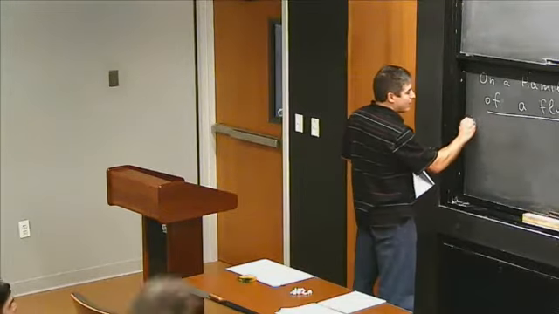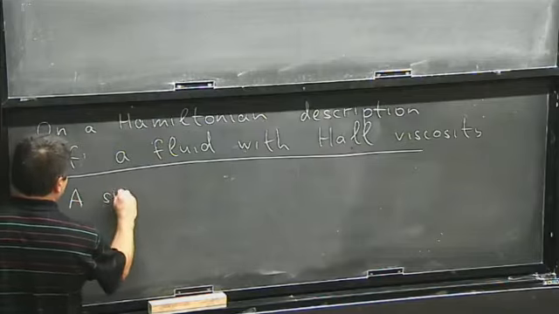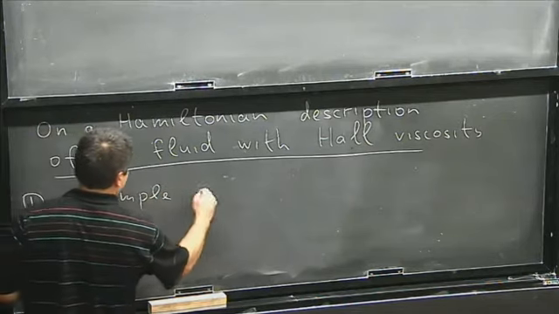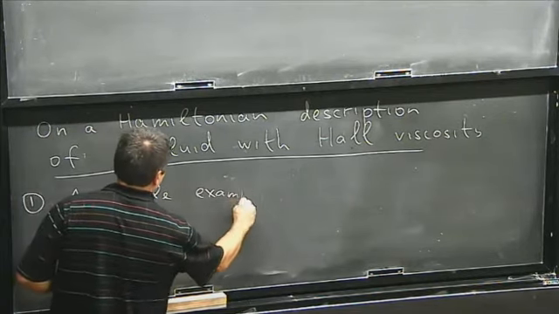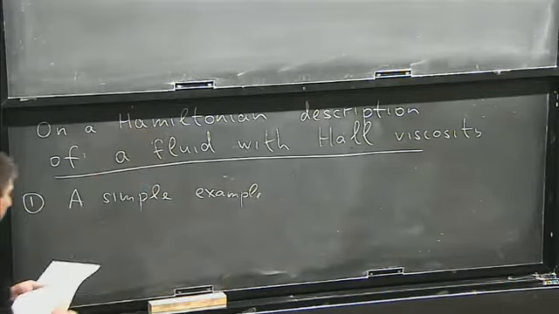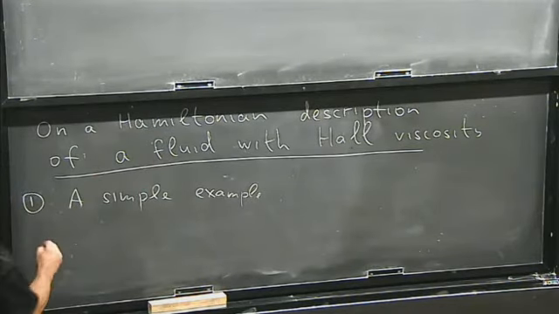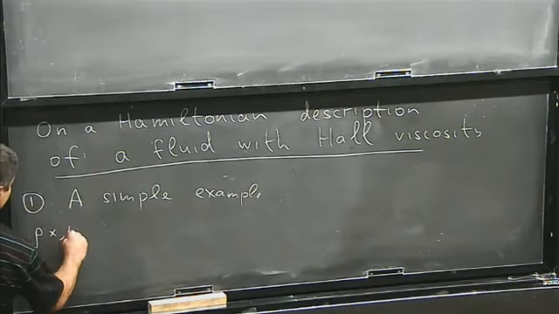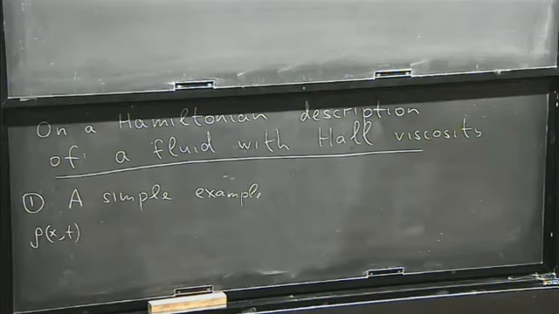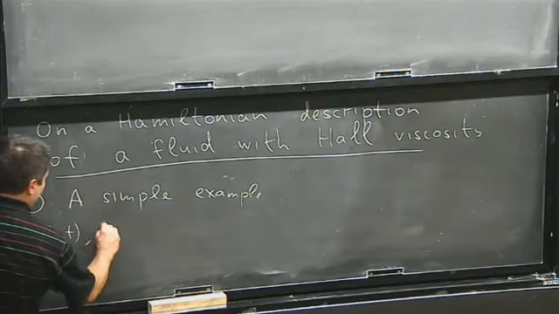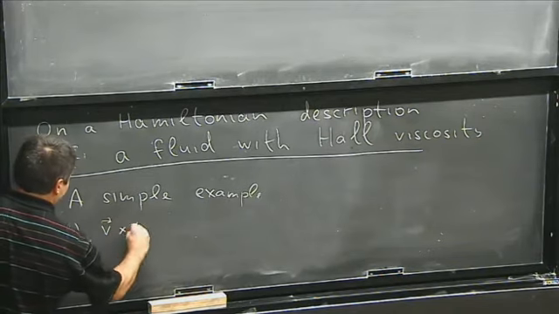So let me start with a simple example of an ideal fluid. I'll assume that we describe our fluid with two fields, the density field and a vector field, which is the velocity field.